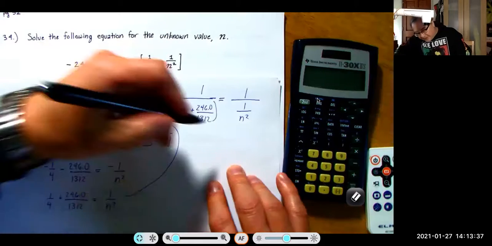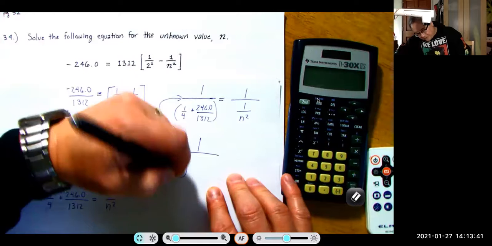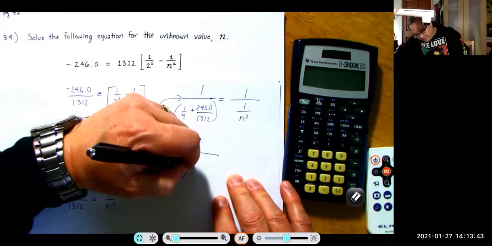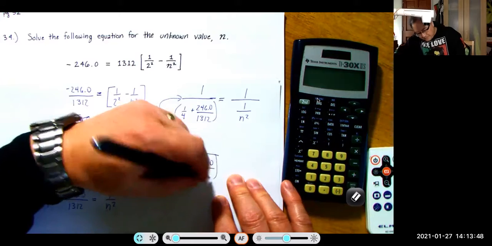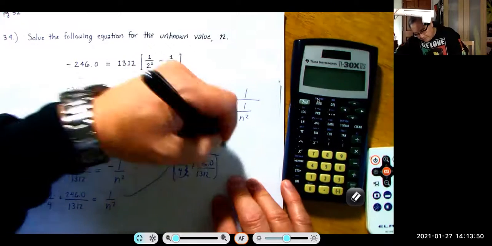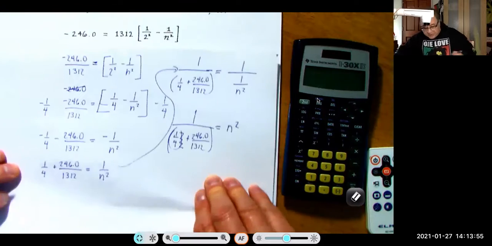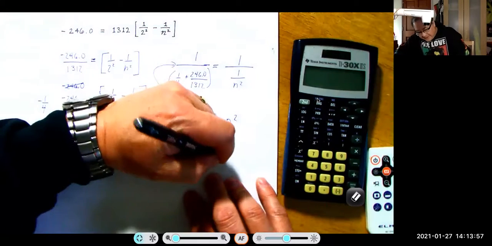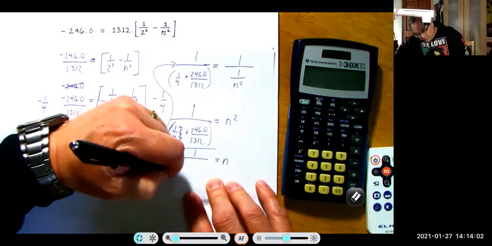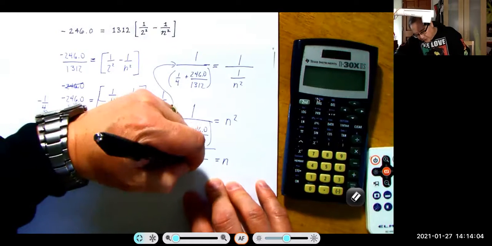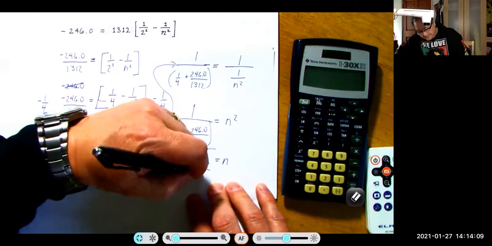And then I'm going to rewrite this. And then I'm going to take the square root of both sides. So n is equal to the square root of 1 over 1/4 plus 246.0 over 1312.